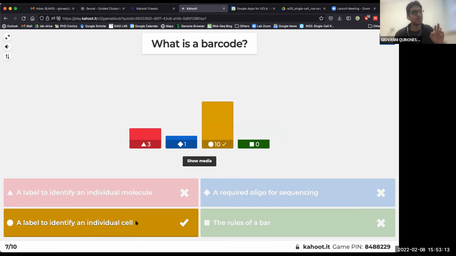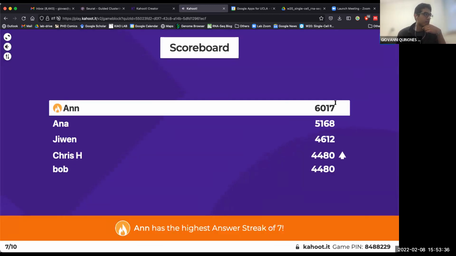So this is what I was about to explain in the previous question. I didn't want to give too much away too soon. Barcode to identify individual cells, UMI to identify individual molecules. It's important you understand those two different concepts. Cool. Let's move on to the next question.